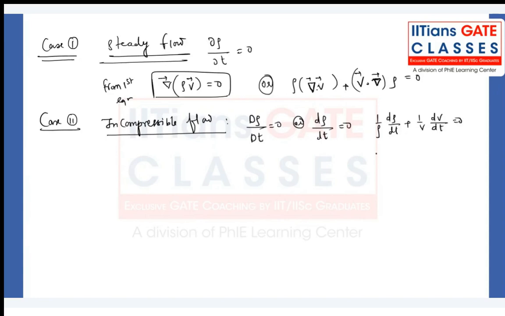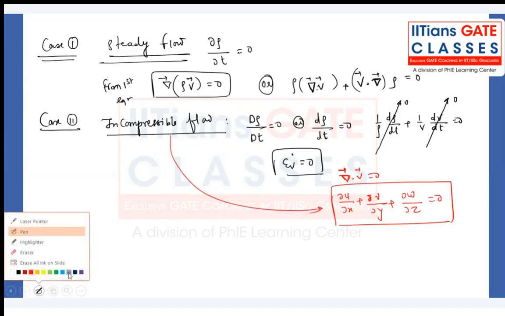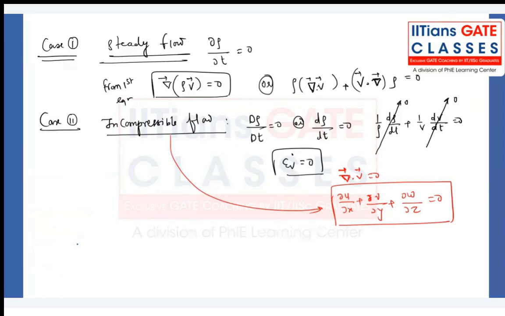That means if this is 0, this will also be 0. That means the volumetric strain rate has to be 0. Volumetric strain rate means del dot v has to be 0. That means dou u by dou x plus dou v by dou y plus dou omega by dou z has to be 0. That is for an incompressible flow. That is a sufficient condition for the flow to be called incompressible flow, right?